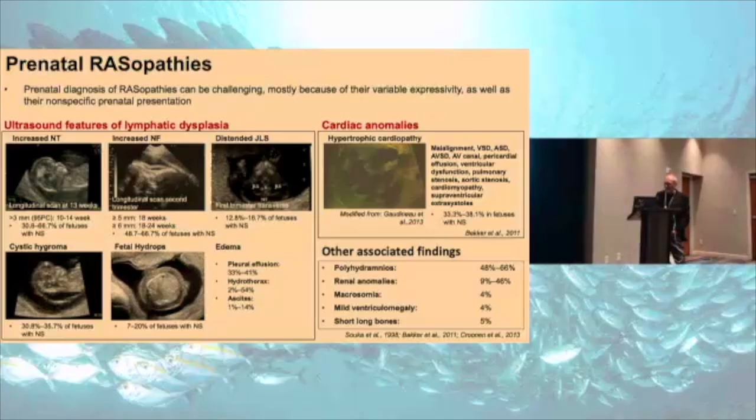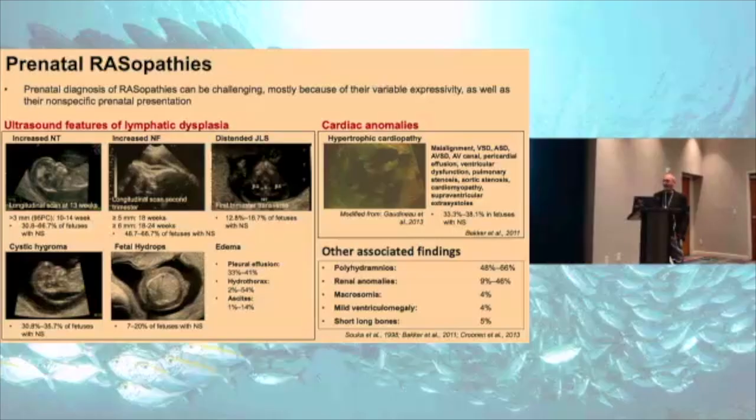It is an abnormal accumulation of fluid posteriorly to the neck. And then there is, as we have already heard, fetal hydrops, which is an abnormal accumulation of fluids in 2 or more fetal compartments. Effusions are also very frequent in the thoracic and abdominal areas: pleural effusions, hydrothorax, and ascites.